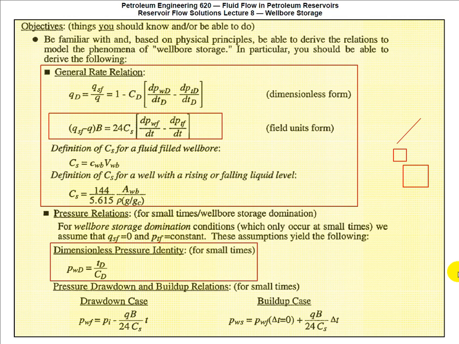The surface rate when you open the well is whatever it is. Let's say it's 100 barrels per day when you open the top of the well. If a well has wellbore storage, what is the bottom hole rate? What is the rate at the bottom of the well? Correct. So if you solve that differential equation for the assumption that QSF is equal to 0, you will derive this equation.